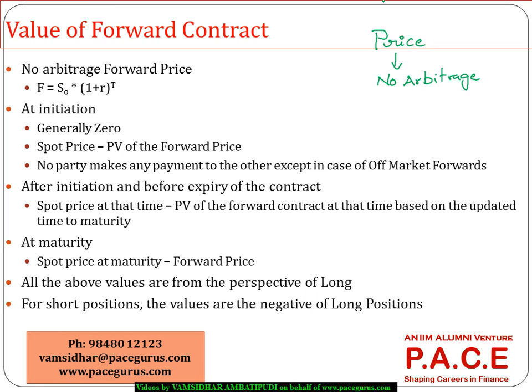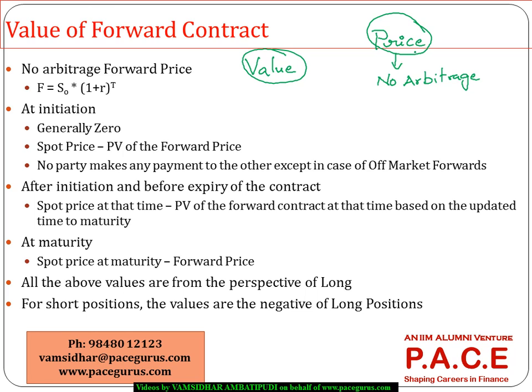And 2, we will talk about the value. Any forward contract, it could be on equity, it could be on a bond, or it could be on an FRA, whatever it is, anything we are trying to compute, 1, we have a price to it, 2, we have a value.